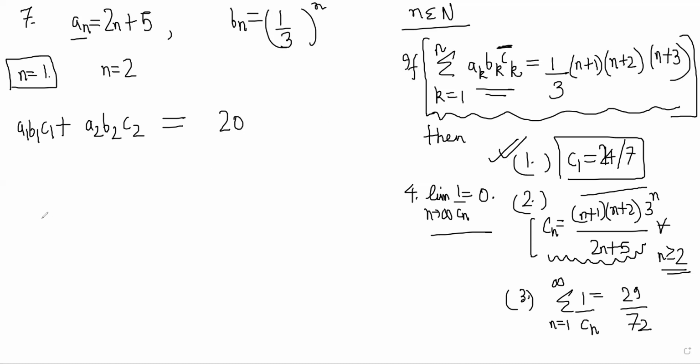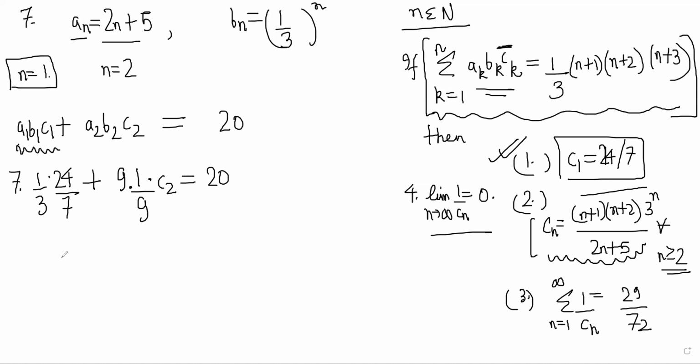And A1, B1, C1 was 7 into 1 by 3 into 24 by 7, right? Plus A2 is what? 9 into 1 by 9 into C2, right? So this becomes 8. This becomes C2. See, C2 is 12 is coming, right? C2 is 12.